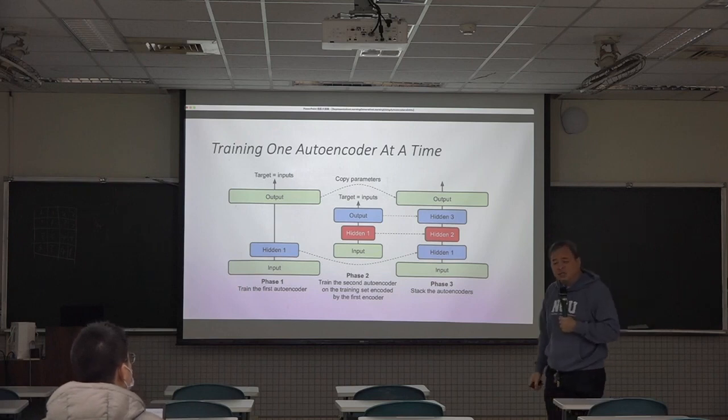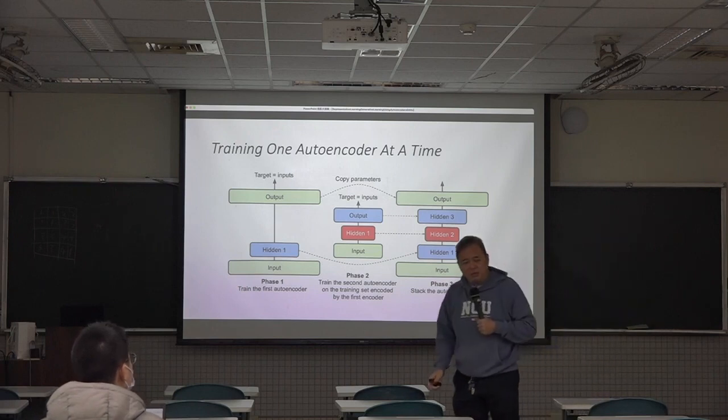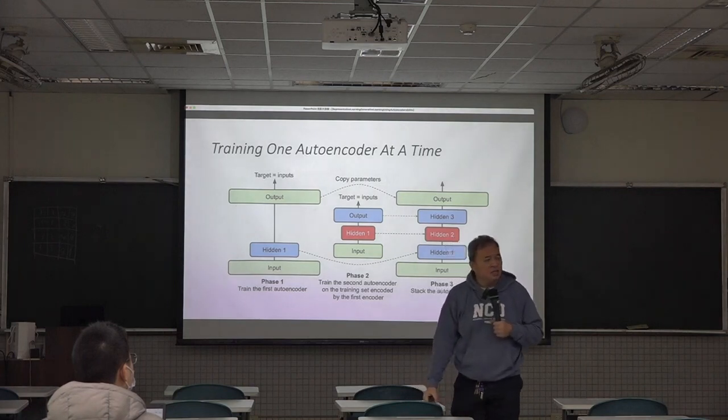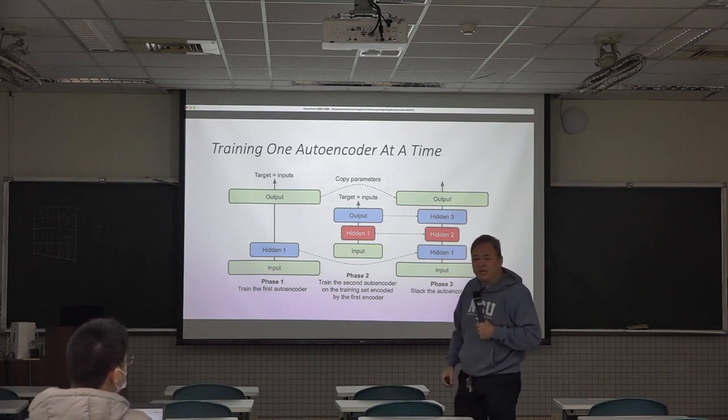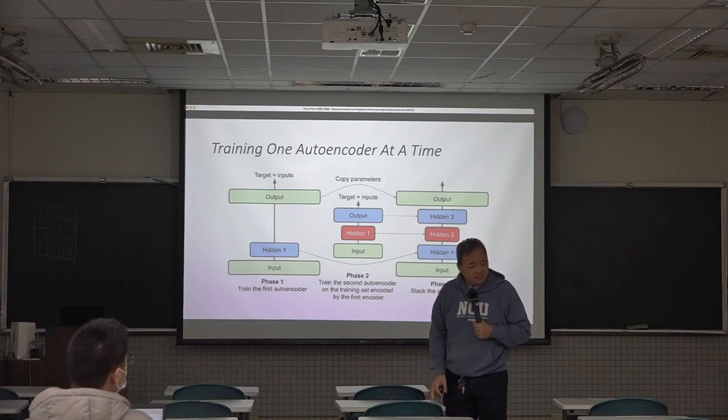Why? Because remember in chapter 11, we learned all those techniques to train a deep neural network, right? So we can train this model from scratch directly. This is no longer considered an impossible task nowadays.